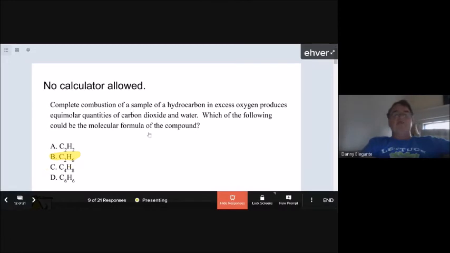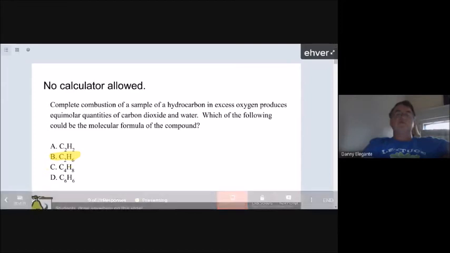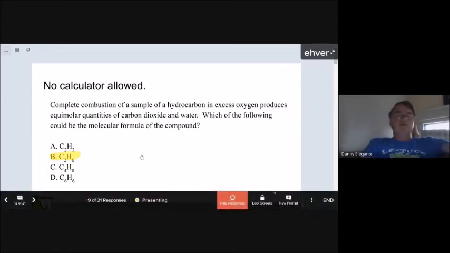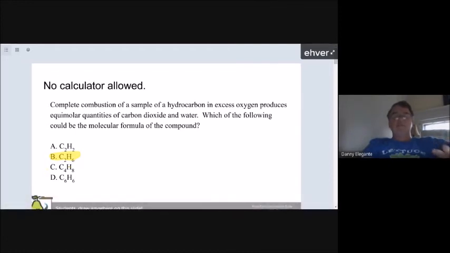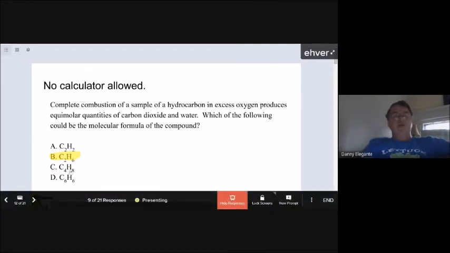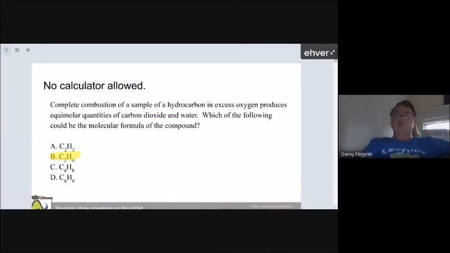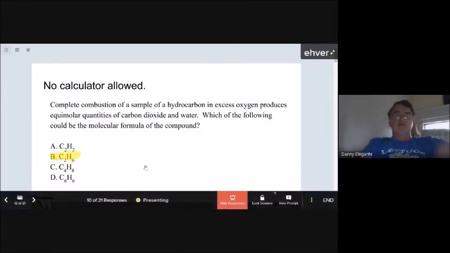So what they're asking you to see is that you get 1 mole of carbon, so C1, and you get 2 moles of hydrogen, H2. So which one of those answer choices matches up with 1 carbon and twice as much hydrogen? This one down here. So letter C is actually the answer you're looking for. For every 1 carbon, there's twice as many hydrogens. So this would be an example of finding the molecular formula using the clues provided.